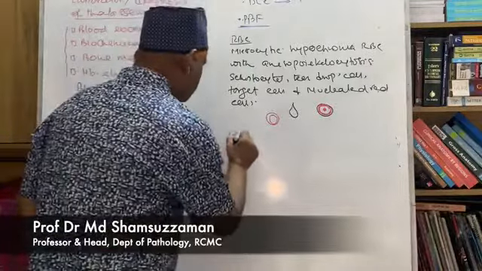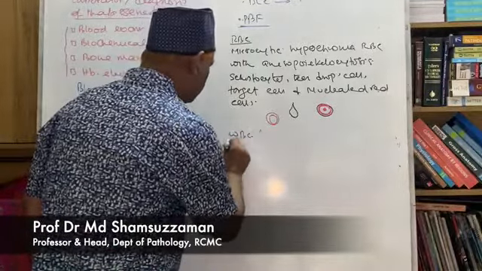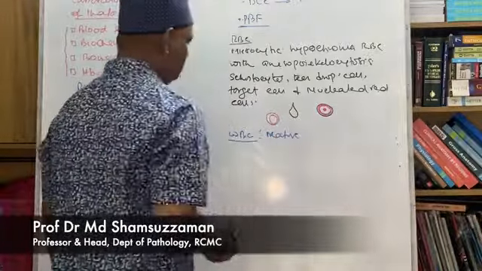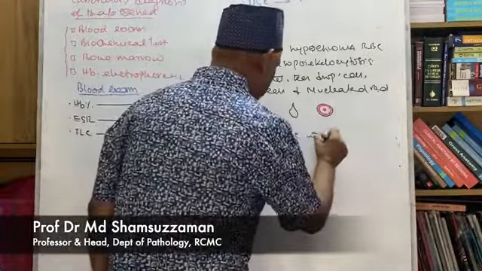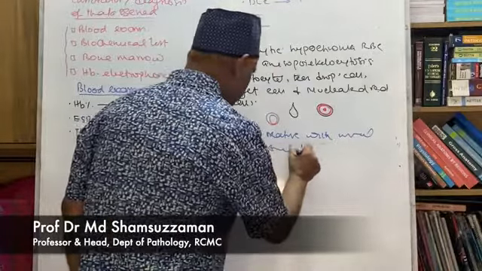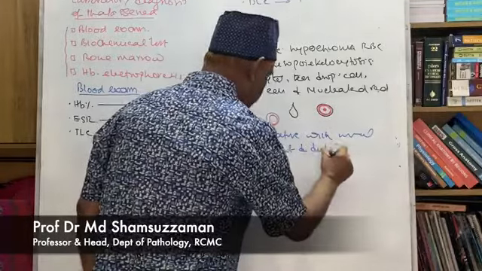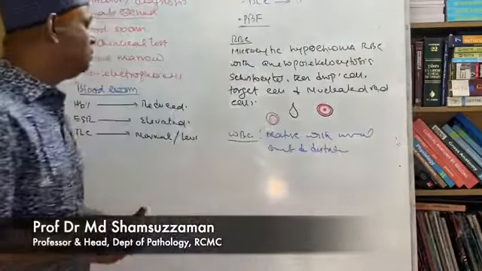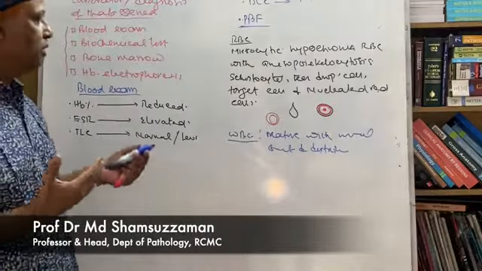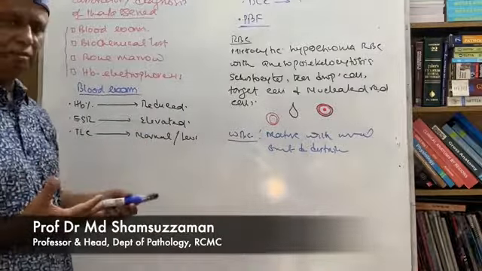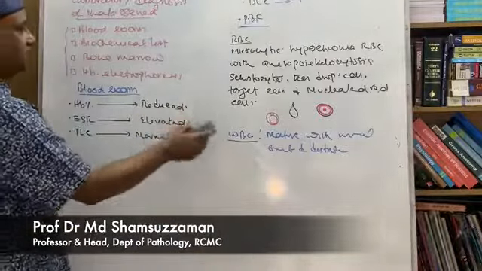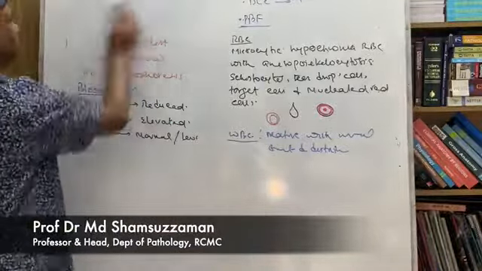Then WBC series: WBCs are mature with normal count and distribution. So WBCs within the peripheral blood show normal maturation, normal count, and normal distribution. It means it is not a disease of WBC, rather it is a disease of RBC.